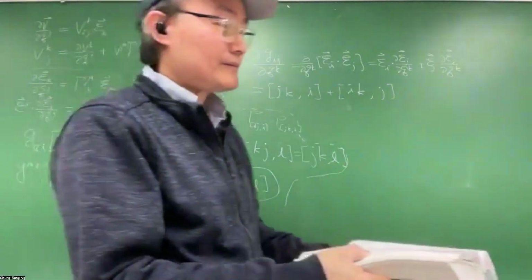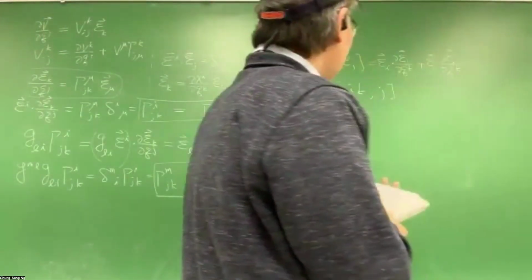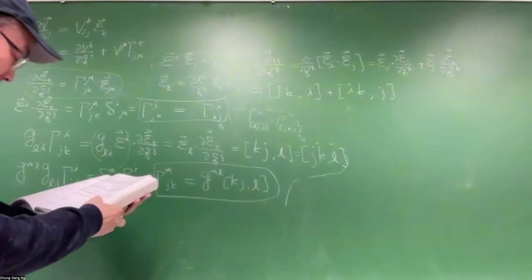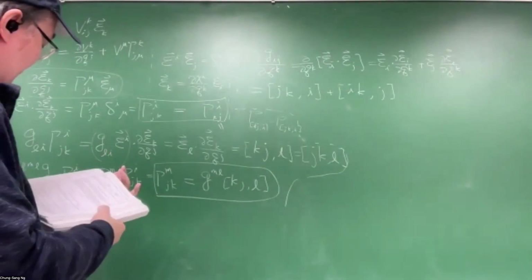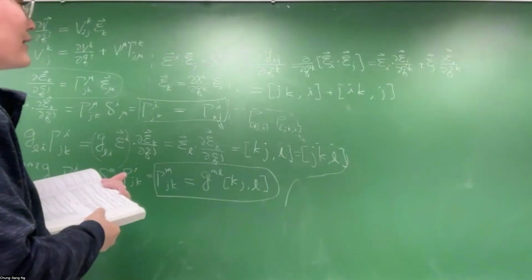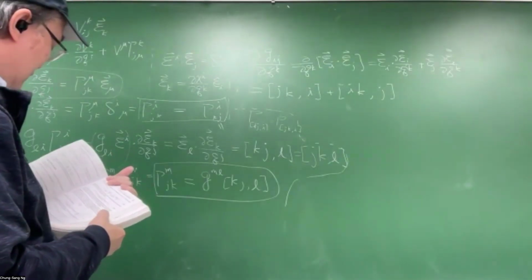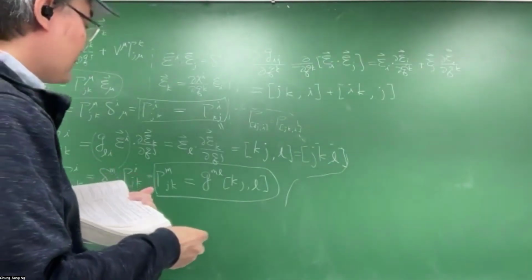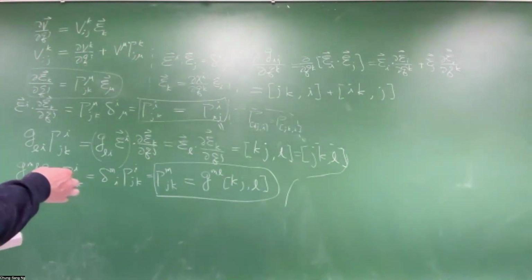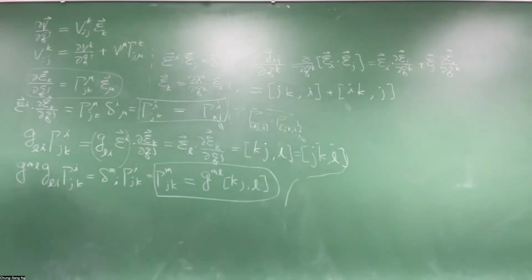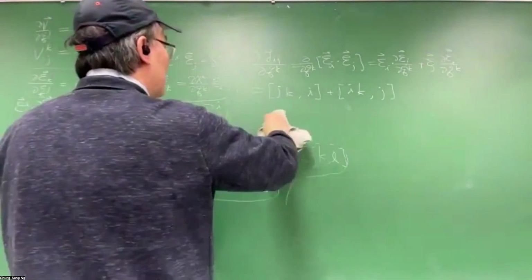That involves some trick. Using your textbooks, you want to solve for IJK. Actually, let's erase something to make some space.